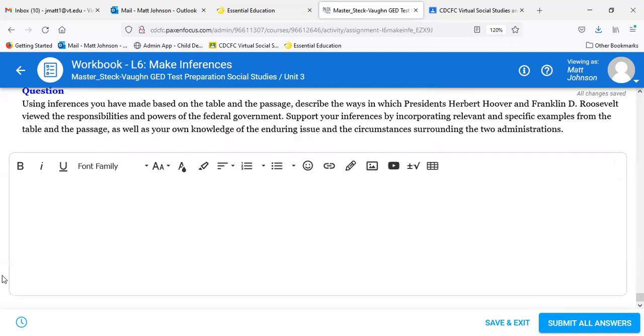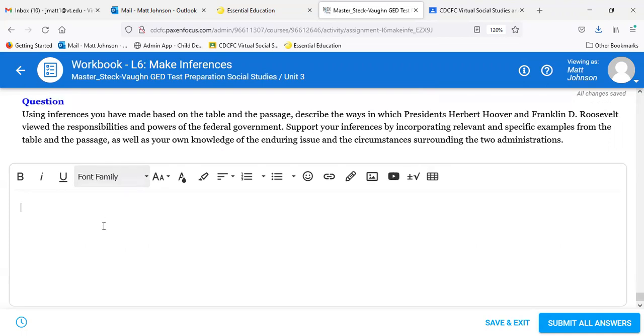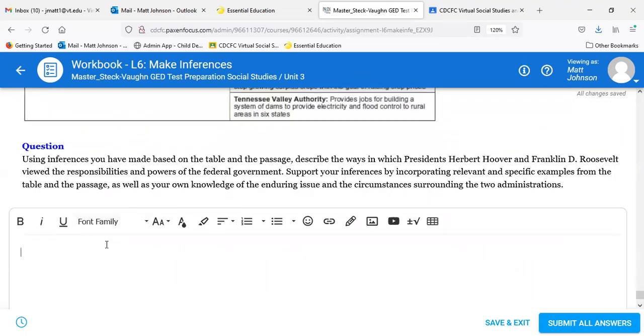Okay, so we got to put together some writing here. So thinking about the differences, enduring issue and the circumstances surrounding two administrations.